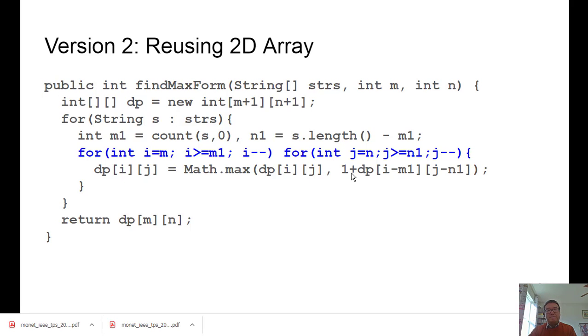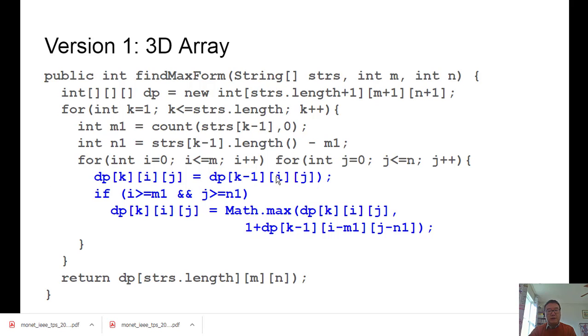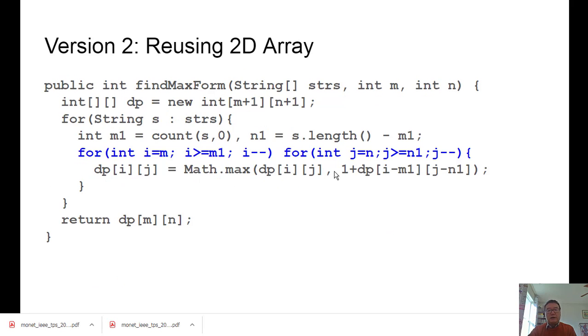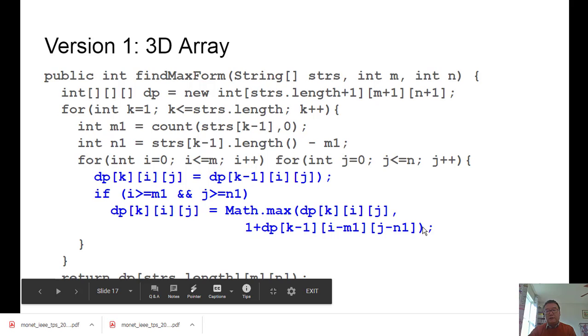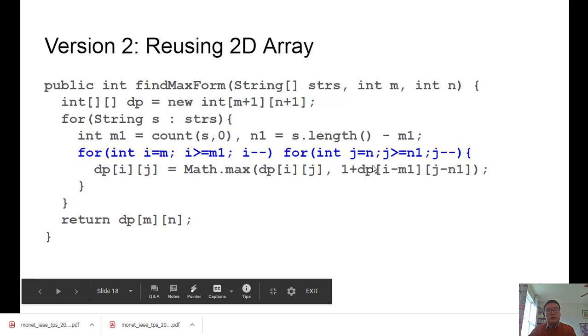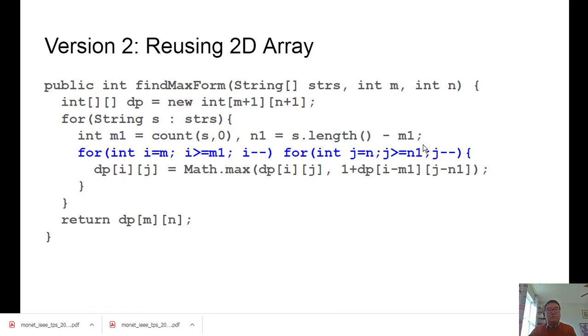So this part, dp[i][j], is guaranteed to be the old value, dp[k-1][i][j]. And because we have not yet updated dp[i-m1][j-n1], this part is also guaranteed to be dp[k-1]. So by going down, we avoided the potential problem of counting the same string multiple times.